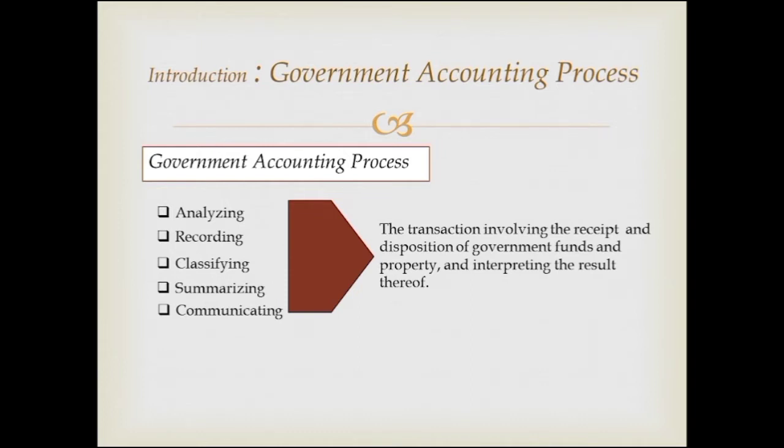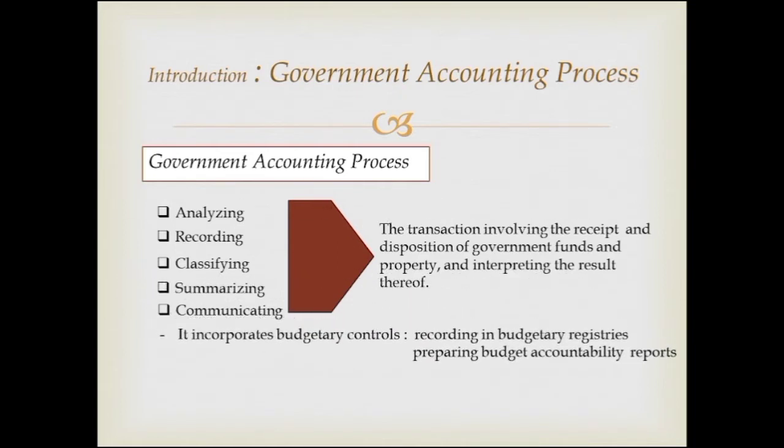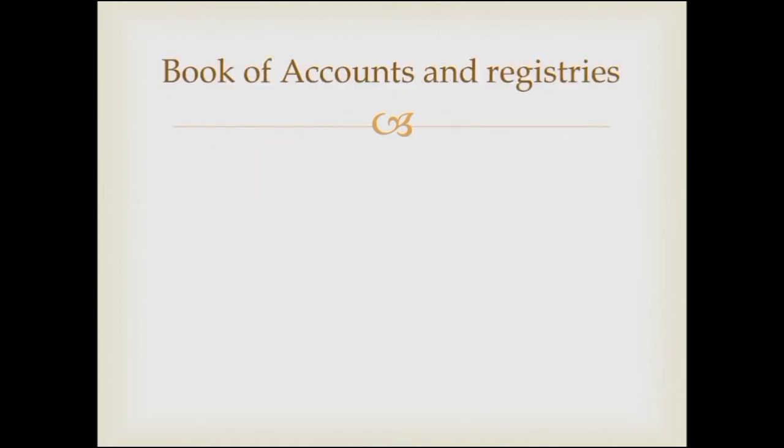This process is similar to that of a business entity, except that it incorporates budgetary controls such as recording in the budget registries and preparing periodic budget accountability reports. These are the books of accounts and registries used by government entities. The first one is the journals. The general journal is used to record transactions not recorded in the special journals.